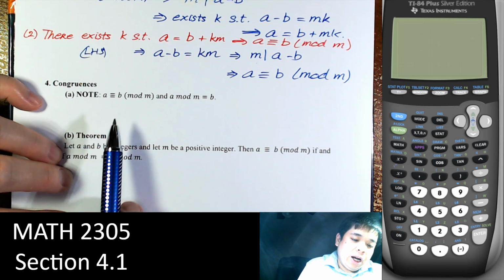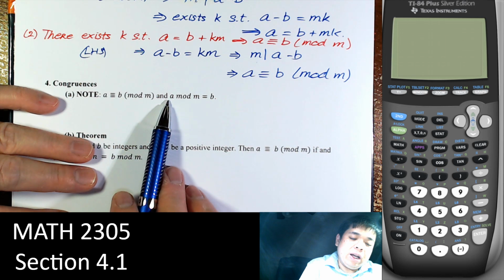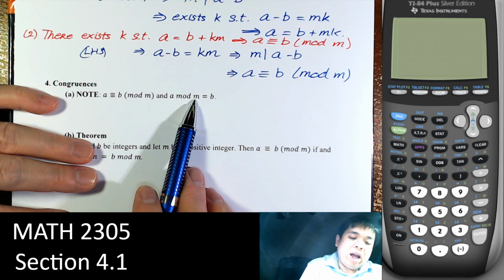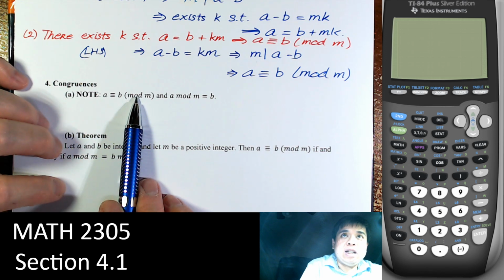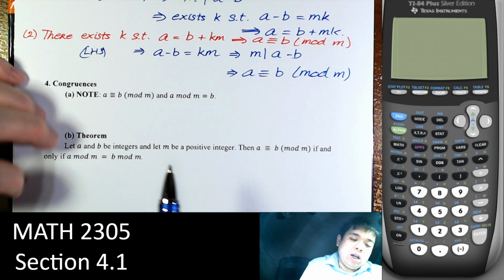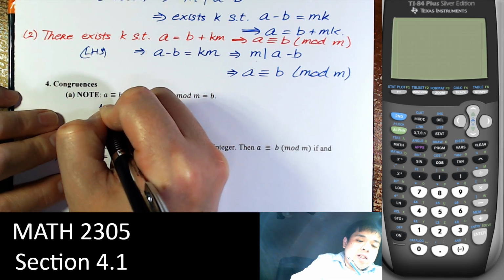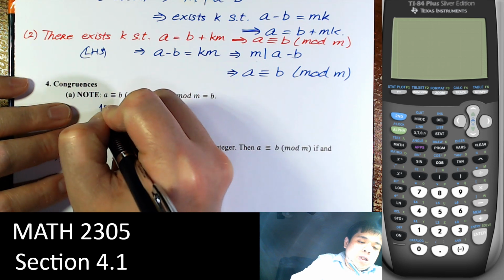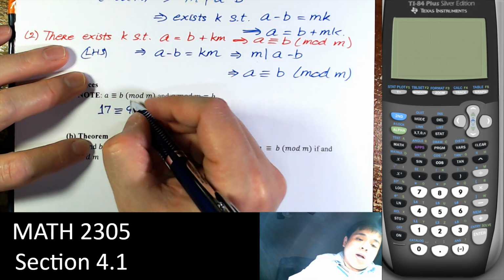Now note we say a is congruent with b mod m, and a mod m is equal to b. Notice that this is mod m, so this is the division. For example, let's say 17 is congruent to 9 mod 2.